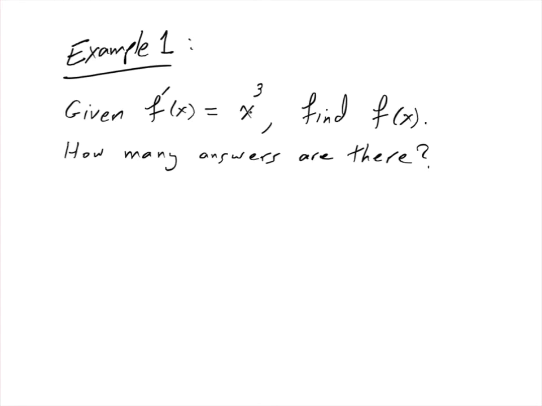You know this is a power, and power functions are the results of taking derivatives of power functions. For example, if you take the derivative of x to the fourth, you would get 4x cubed, but this is just 1x cubed. So if you divide that by 4, then it will work.